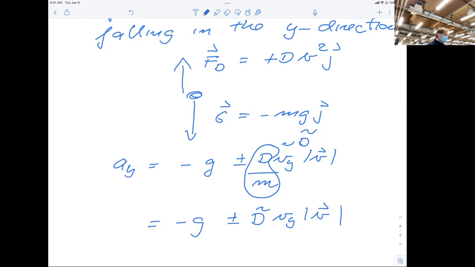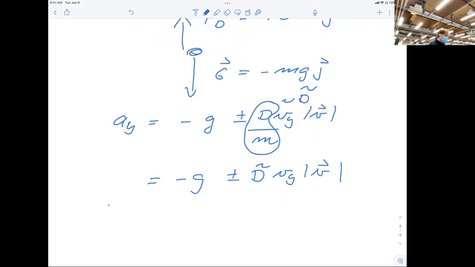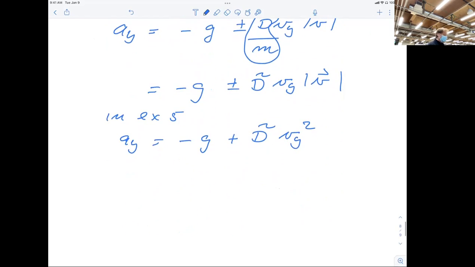So in the y direction only, in exercise 5, we would have ay equal to minus g, and then it's going to be a plus a d, and it's going to be Vy squared. And this is the same as dVy dt.